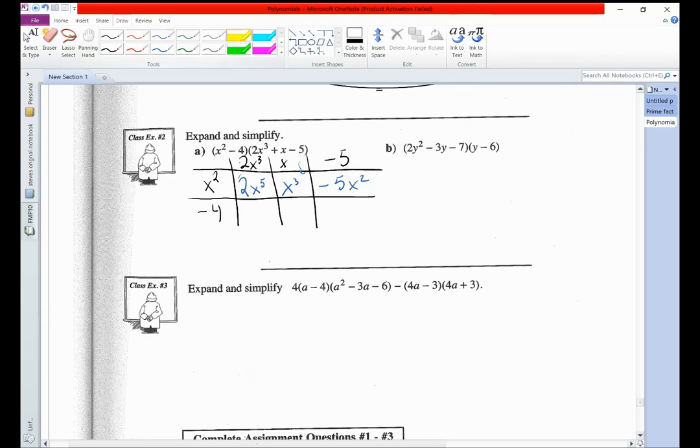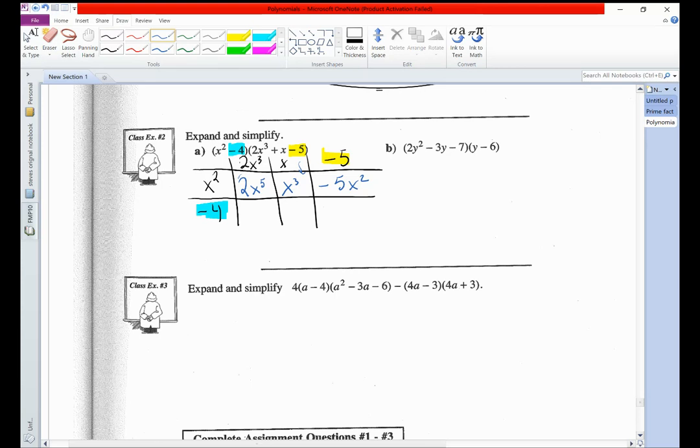Don't forget that in that negative 5 term, I had to take into account the sign in front of the 5. If I just put that as 5, I wouldn't get the same answer. Same with this one down here, this negative 4, that comes from this negative 4 here, and I can't forget about that. Now we go through the second row.